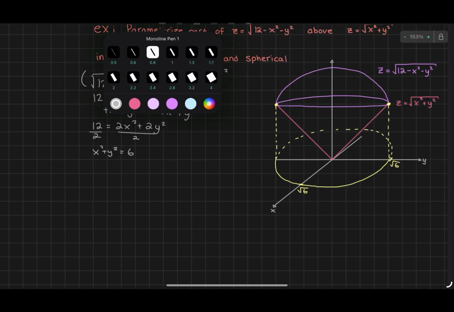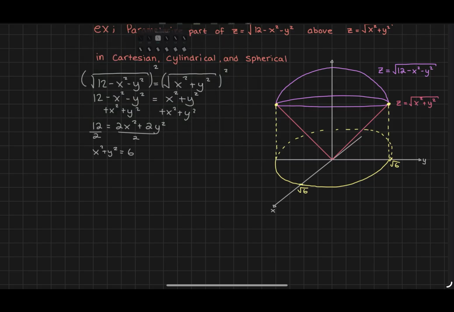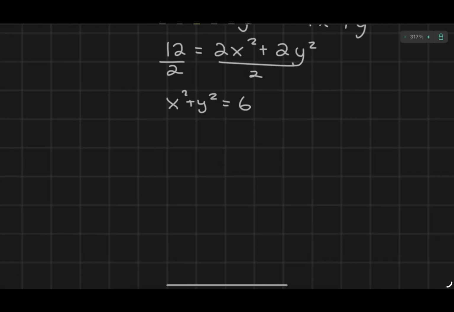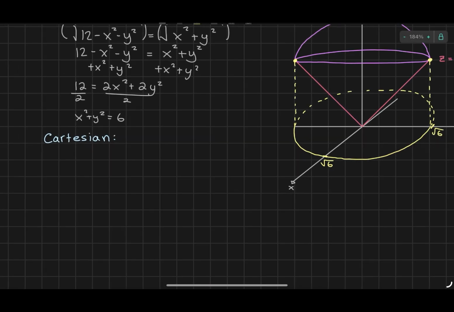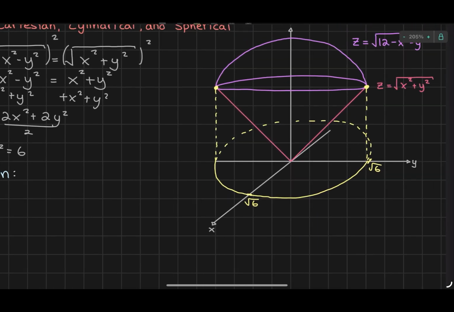So when we're doing our Cartesian, let's go ahead and do that in light blue. So our Cartesian coordinates, well, we have to first think, do we want our bounds on x and y to be... actually, never mind.